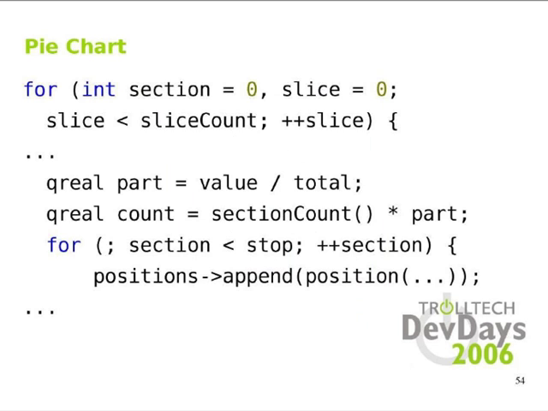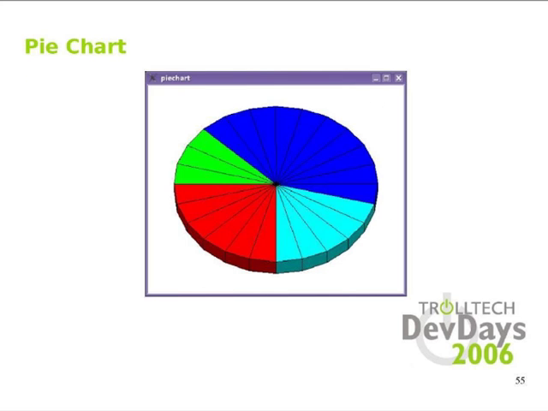So this is basically what I'm doing. I have a model with data, and each item has a value, and I'm going to color the number of segments proportional to the value of each item, which gives me a pie view. Let me show you the demo.